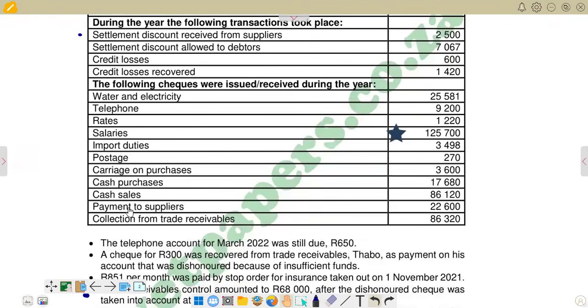So we see that we've got payment to suppliers. So these payments to suppliers obviously come on the debit side again of the trade payables control. So they come in the form of bank. Obviously, we pay them through bank. So it's 22,600 that we're going to put on the debit side again.